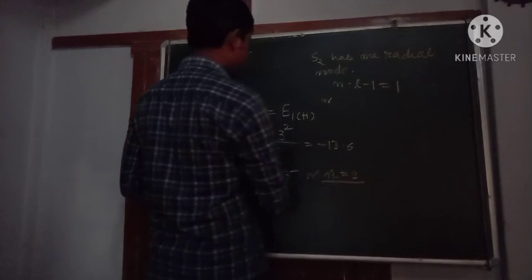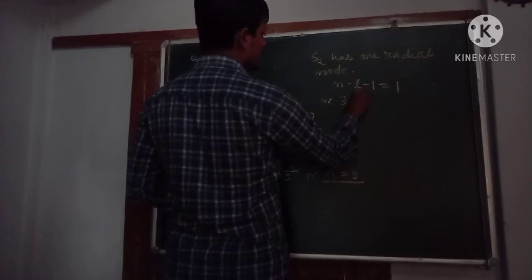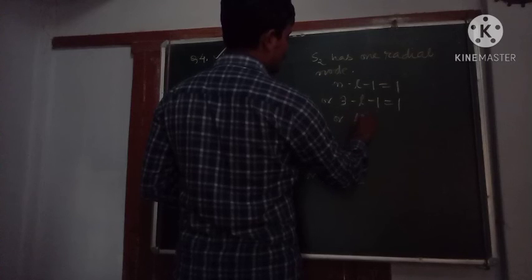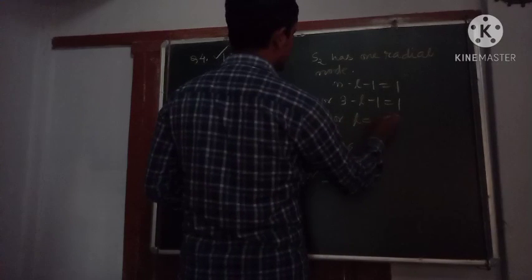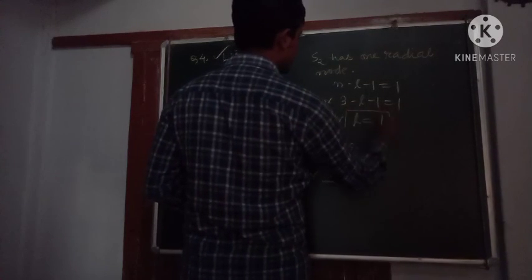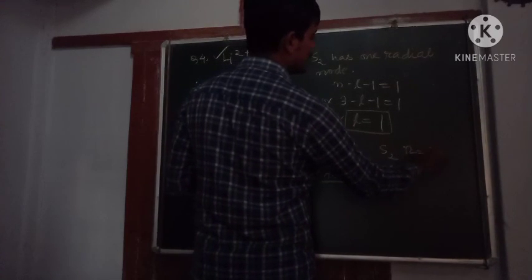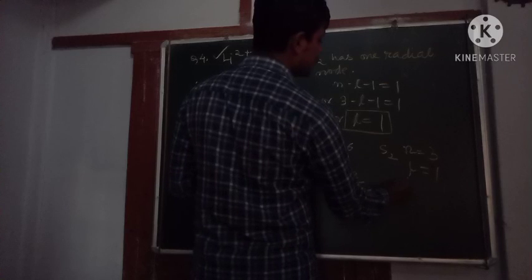We already calculated n. 3 minus L minus 1 equals 1, or L equals 1. That means for this S2, n equals 3, L equals 1. It means this is the 3p state.